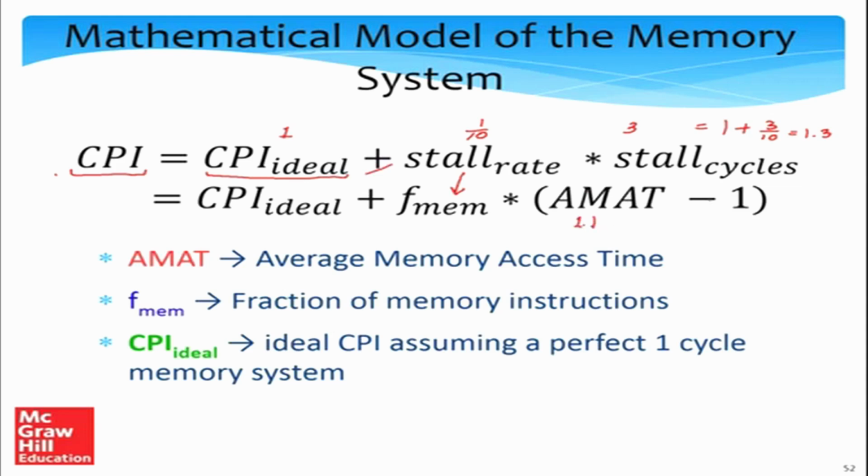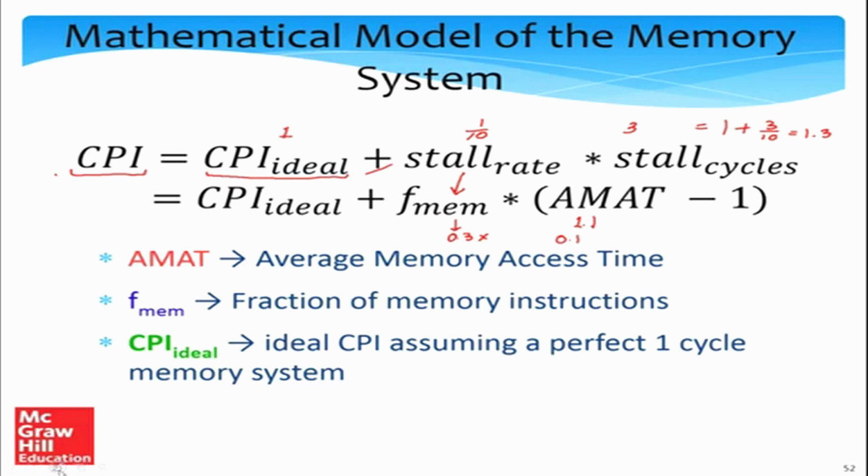Then we compute the number of stall cycles as the average memory access time minus the time it takes to perform an ideal access, which is 1 cycle. So in this case it is 1.1 minus 1, which is 0.1. Assume that 30% of the instructions are memory instructions, so the CPI will be CPI ideal plus 0.3 times 0.1.